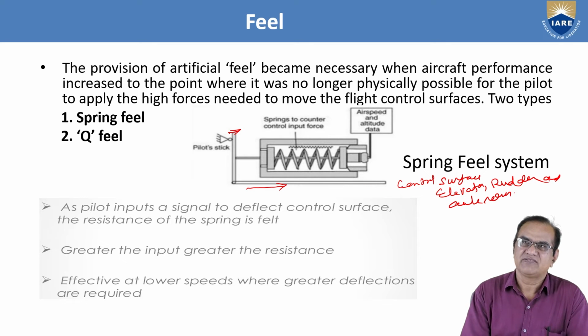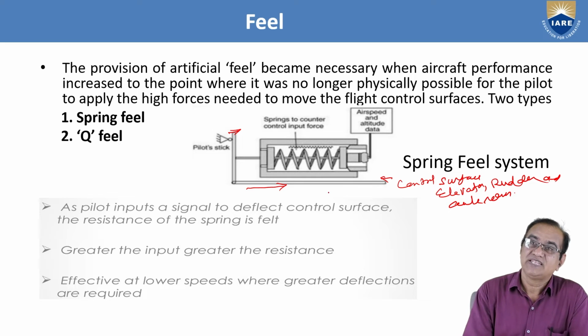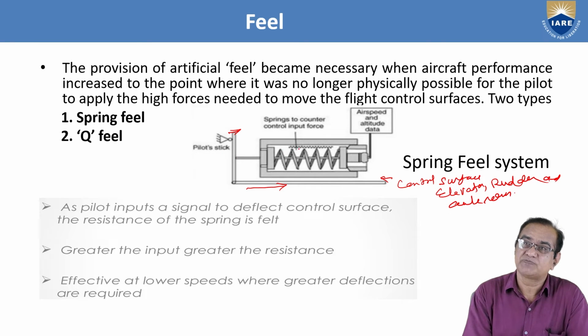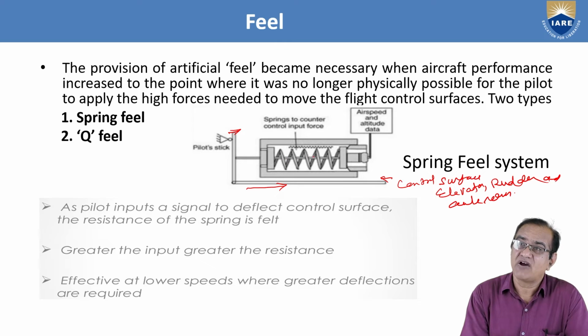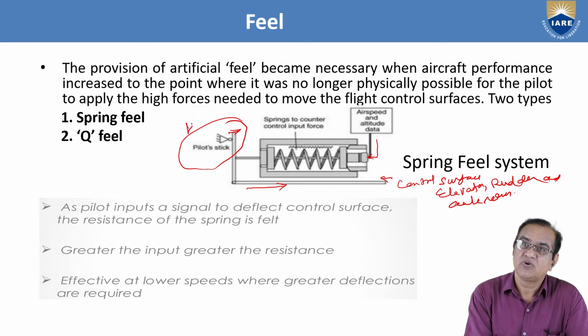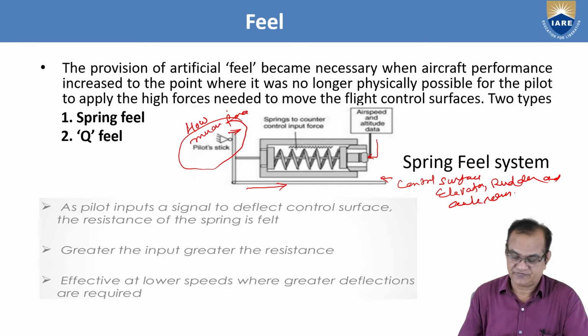Some feedback, some forces you will get. These forces will be transmitted to a spring to counter the control input force. So whatever input you give, this spring will counter. Airspeed and attitude data will be fed here, and accordingly the pilot will experience how much force your aircraft is generating. That is the purpose of any feel unit.